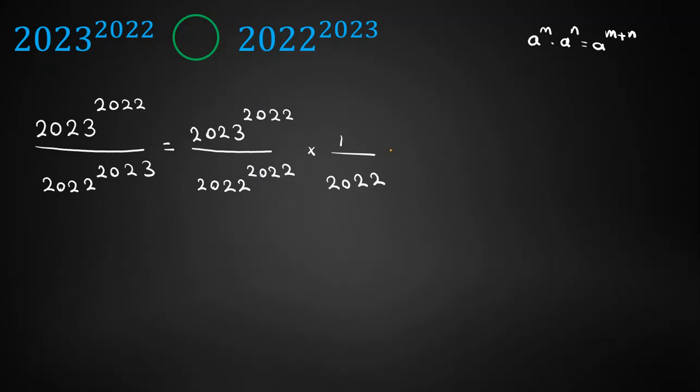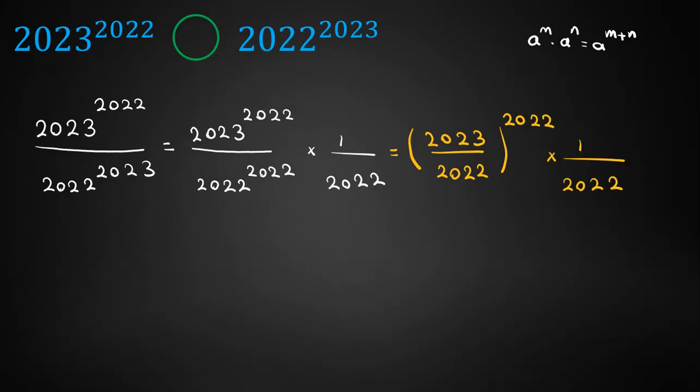In the next step, the left side is 2023 over 2022, because the powers are equal, so you can divide the bases, to the power of 2022 times 1 over 2022.